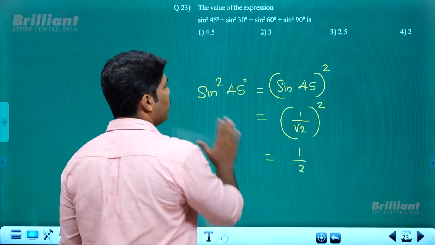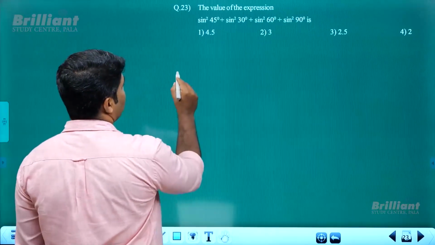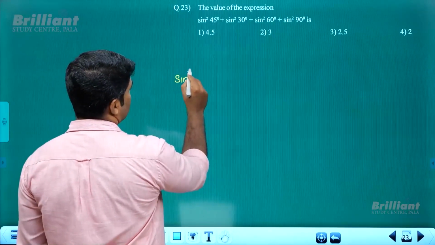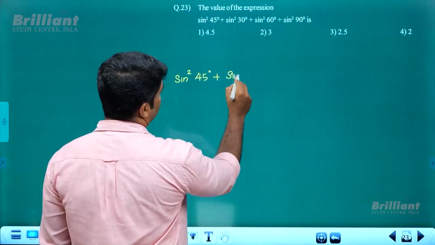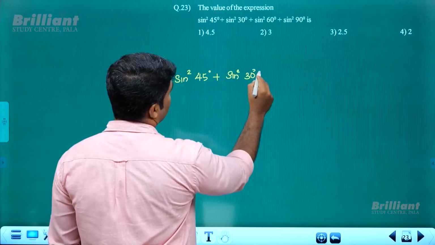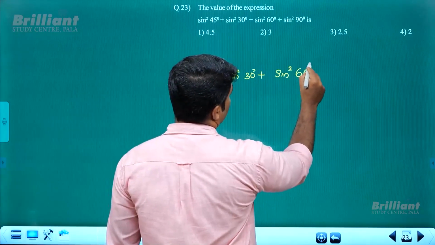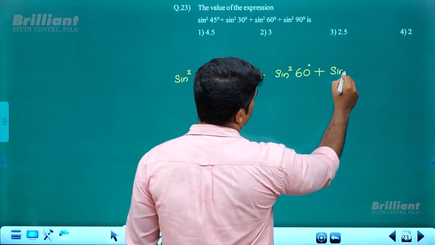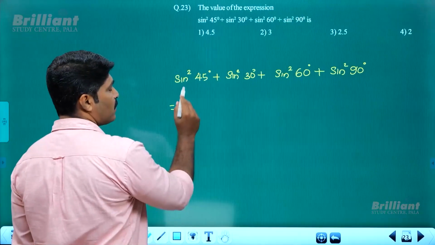So this way we are converting these all values. So here we can do it. So that is sine square 45 degree plus sine square 30 degree, then sine square 60 degree, and finally sine square 90 degree. Thus we are going to find out what is sine square 45 degree.